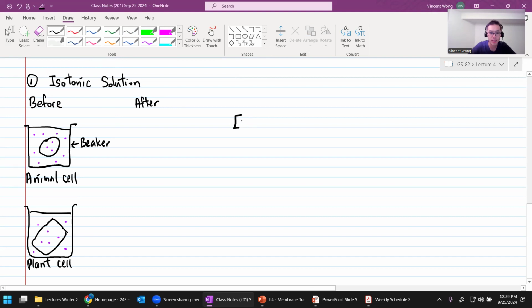Concentration, which is what the square brackets mean, of the solution, which is the surroundings of the cell, is going to equal the concentration of the cytoplasm. Cytoplasm is the inside of the cell, right? So what's the same? Same amount of salt on the outside and inside.